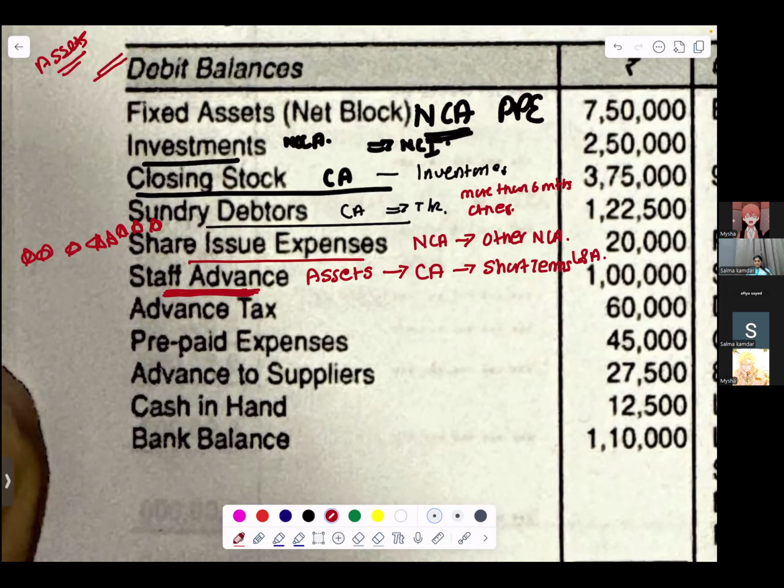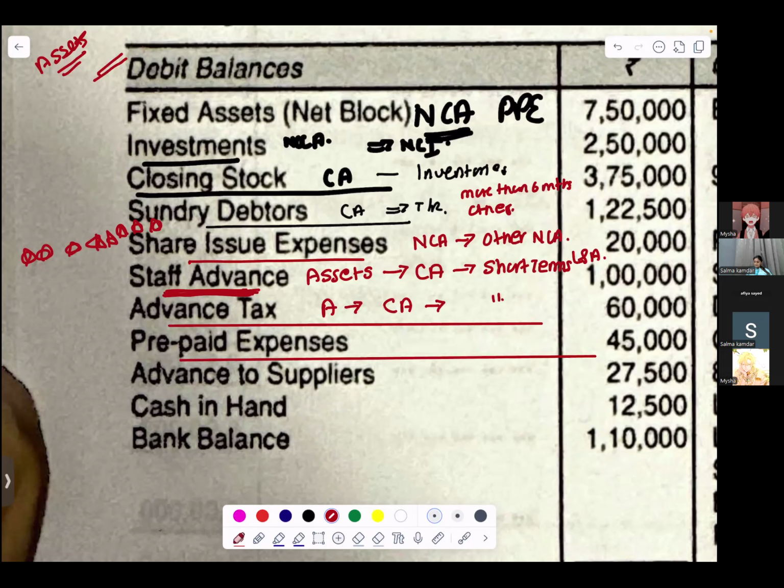Okay? Advance tax. Asset, again short-term loans and advances. Current assets, short-term loans and advances. Prepaid expenses, where will it go? Maisha, prepaid expense, where will it go?